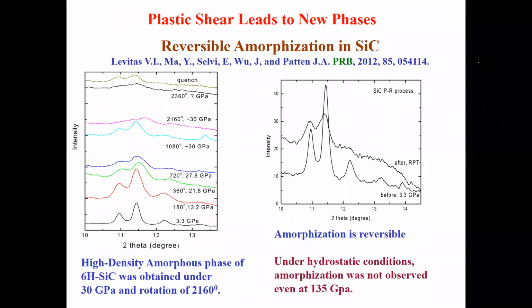Second, plastic shear leads to new phases which probably could not be obtained under hydrostatic conditions. And here is an example of a new high density amorphous phase of silicon carbide, which was obtained at 30 GPa and large plastic shear.